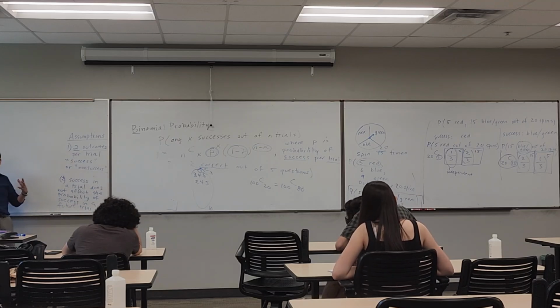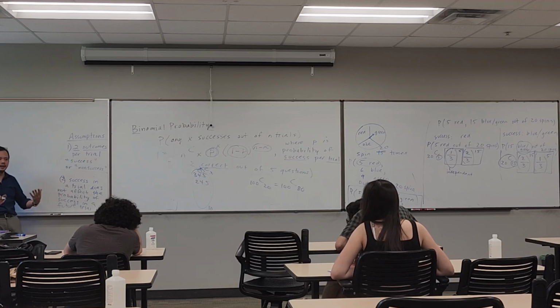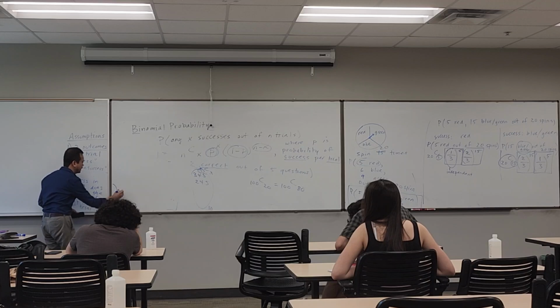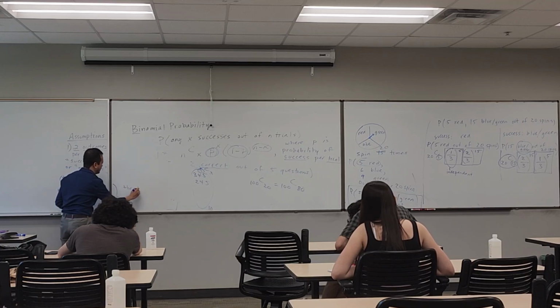So that's the more intuitive explanation, but the mathematical explanation is that the trials are independent of each other. So another way of saying this is that the trials are independent.